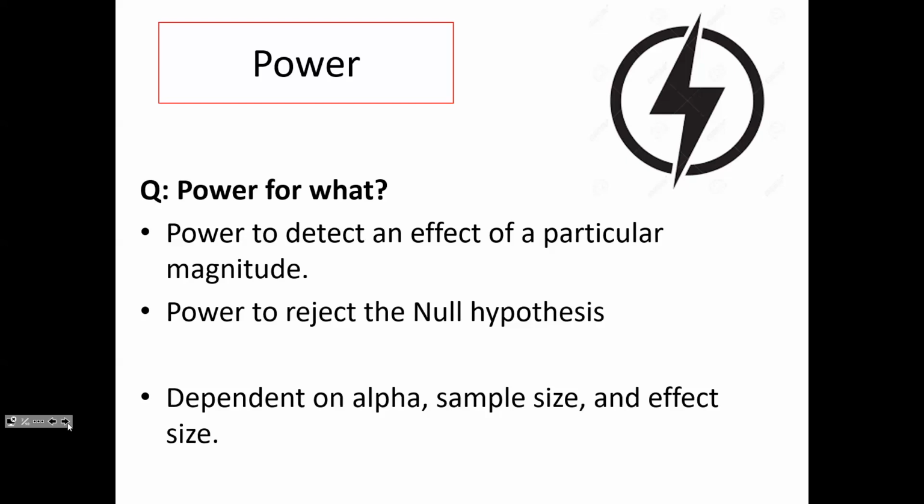So the first thing you have to ask yourself is, what is the thing that I'm trying to power for, to get adequate power to detect? What is that focal parameter of interest? In my multi-level model, I could have 10 fixed effects.